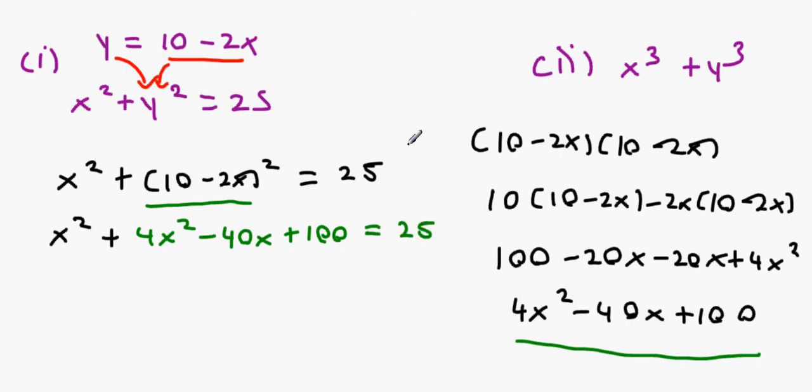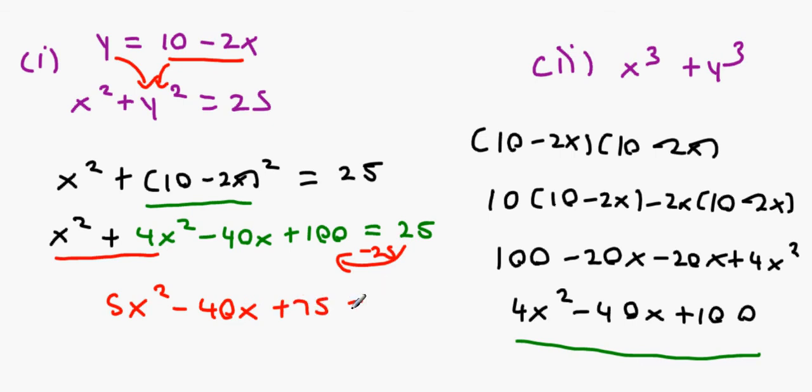Now we're going to bring everything over, so the 25 comes over here. What we end up with is 5x squared minus 40x, and the minus 25 gives us plus 75.